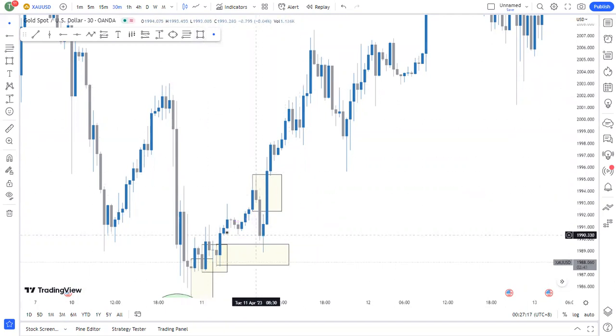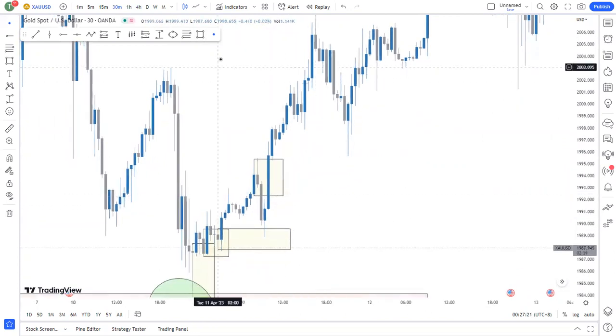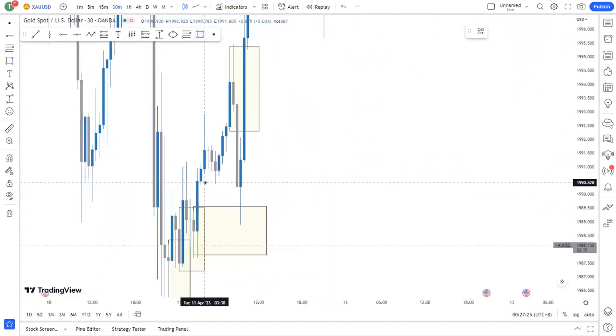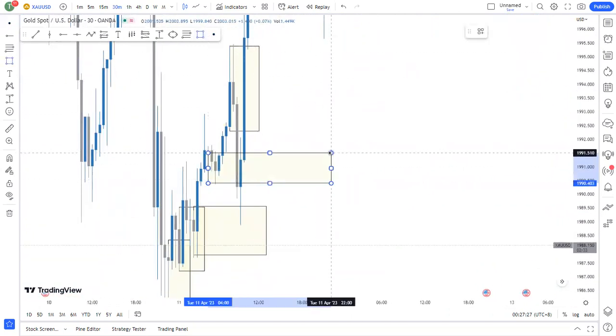Yeah, we are still going to focus on buy because, okay, at first, as you can see, right here is an engulfing fill, right? Yeah.